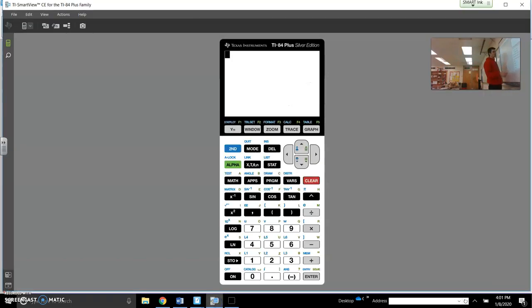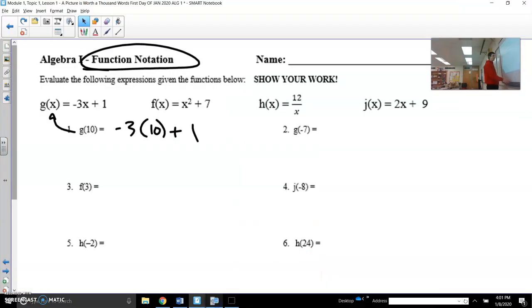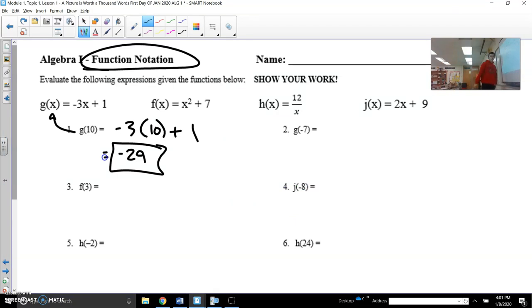So if you want to use a calculator, you sure can. Plus 1. So that should be -29. So essentially -3 times 10 is -30. If you add 1 to that, you're getting -29. And so that is your output when your input is 10.